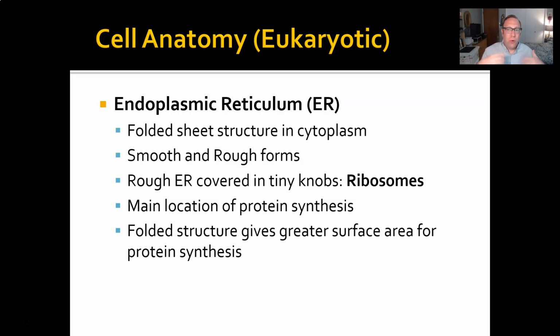Since the ribosomes are only on the surface of the endoplasmic reticulum, having more surface area is a generally good idea. If you want to fit a sheet in your backpack, it's actually better to just stuff it in, right? You can fit a lot of surface area in a relatively small space.